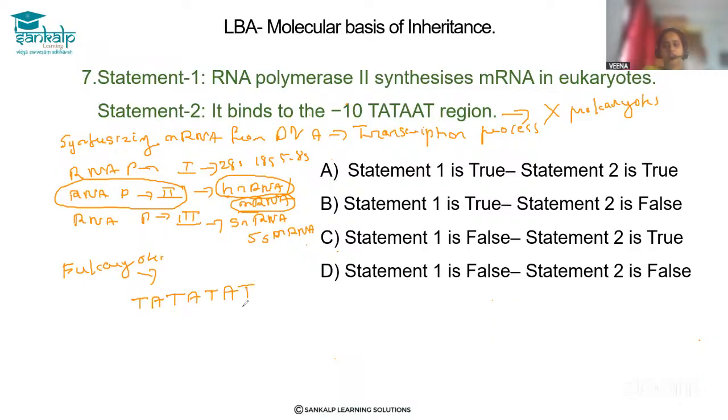So this is the correct region where exactly the RNA polymerase will bind. In case of eukaryotes it contains 7 nucleotide bases. So statement 2 is not correct.